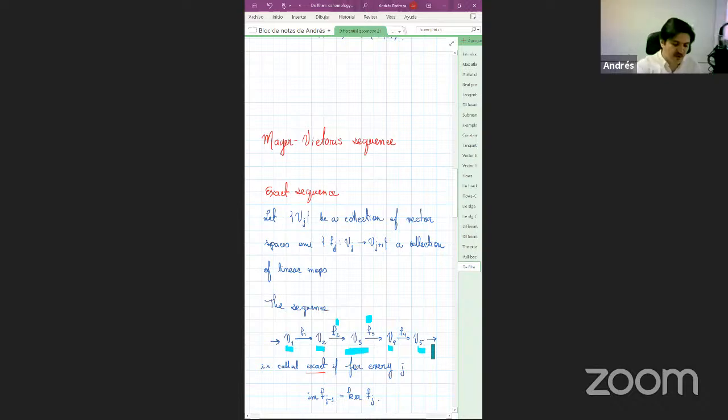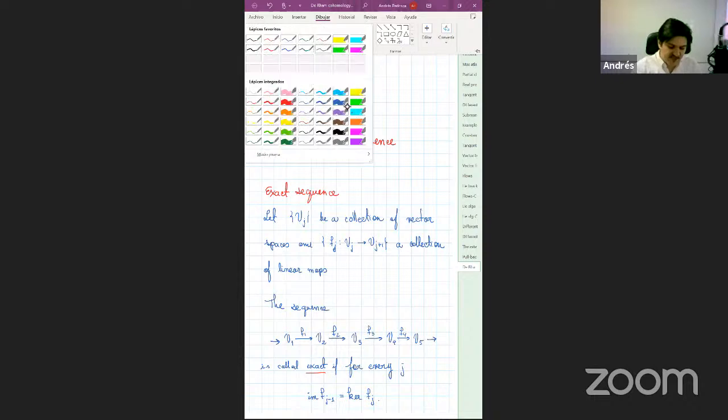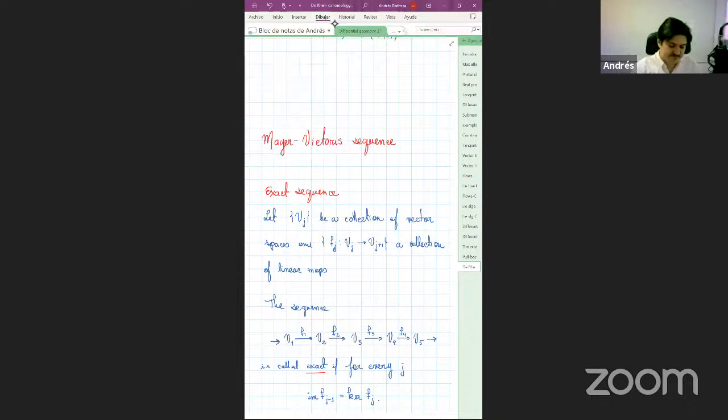So this is what we call an exact sequence. At every V, the image agrees with the kernel. Okay, that's the only condition, and this is only concepts of linear algebra.